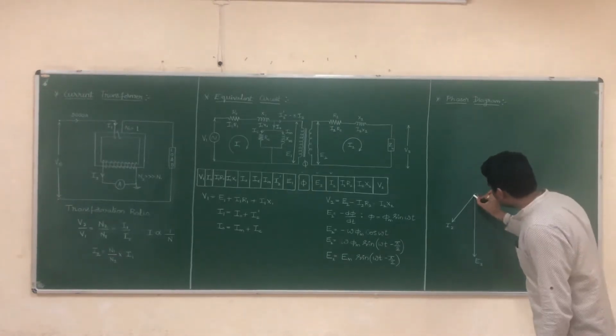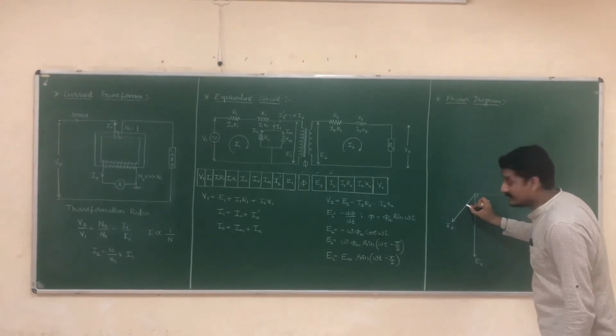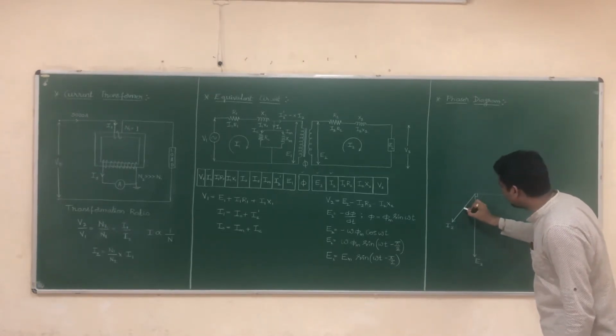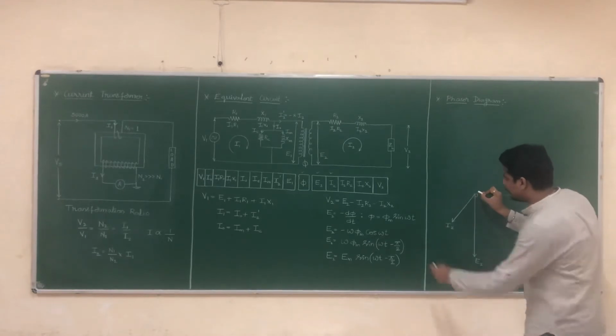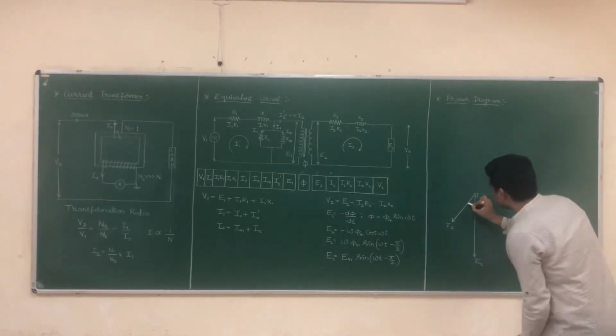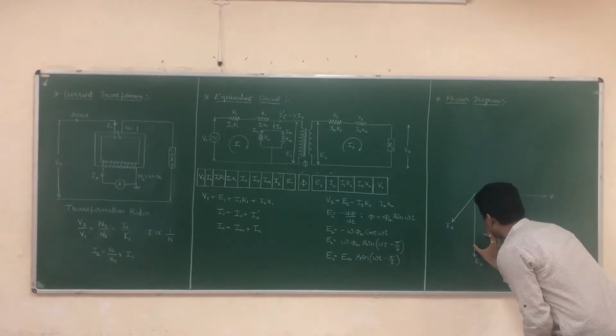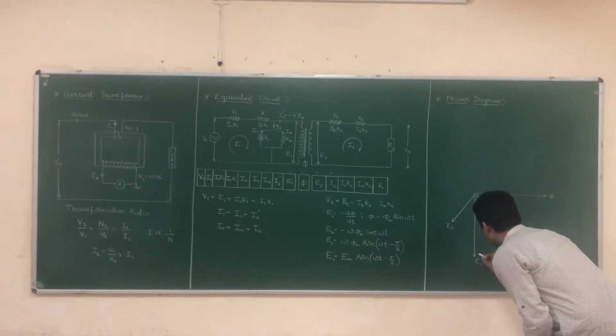So the I2 R2 phasor will also come here, but it will be in the opposite direction like this, and it is in summation with this E2. So the same vector I will bring and replace it here.